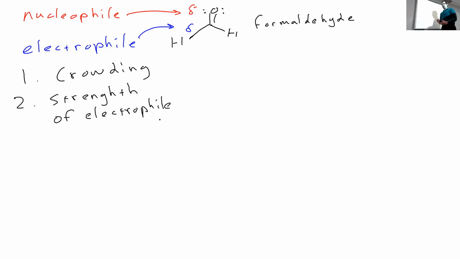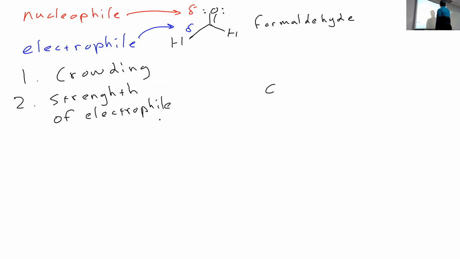So if we have a better electrophile, then our nucleophile is going to have an easier time attacking, and so we'll see more hydration. Now, of course, we're always looking at a carbonyl, right? So you might think, how can you change that electrophile and make it more electrophilic without changing the fact that it's a carbonyl, the carbon double bonded to oxygen? Well, what we can do is add electron withdrawing groups.